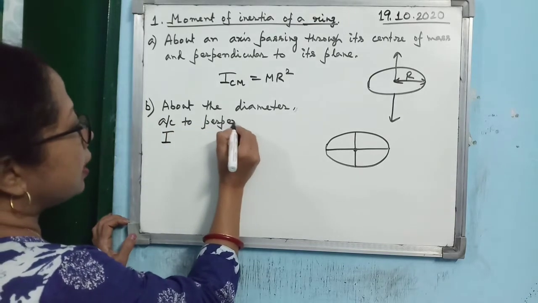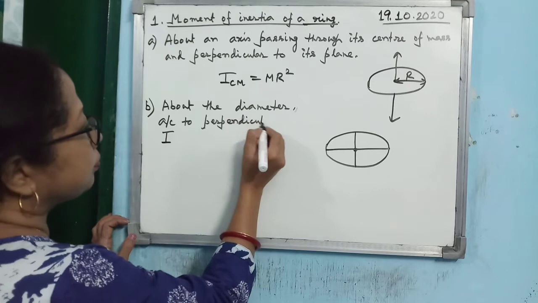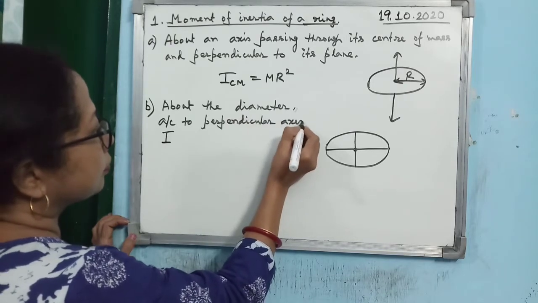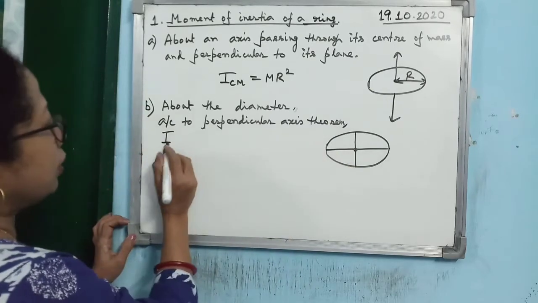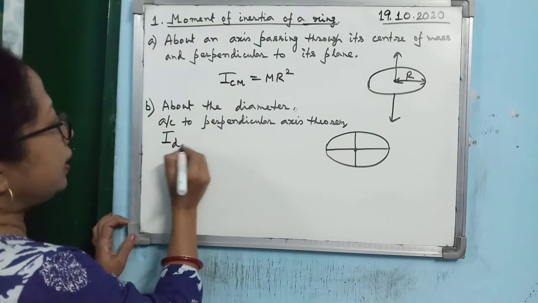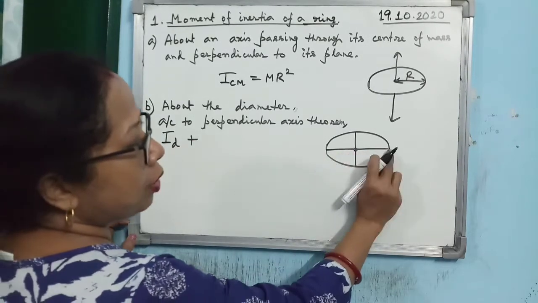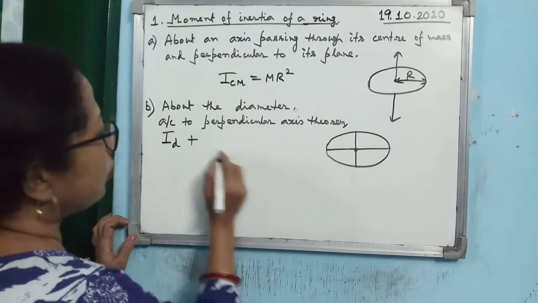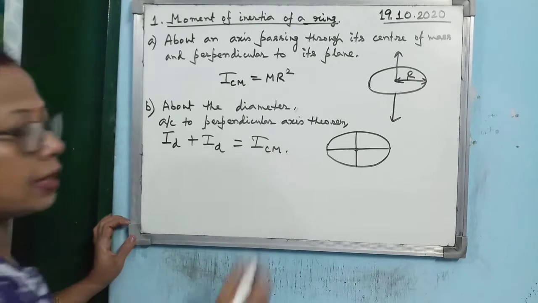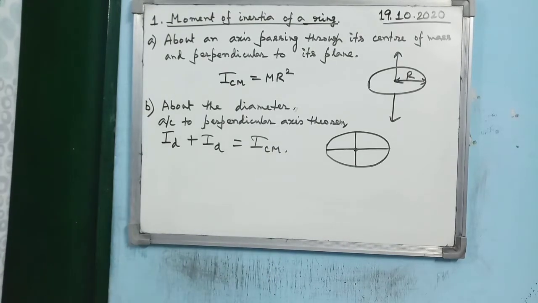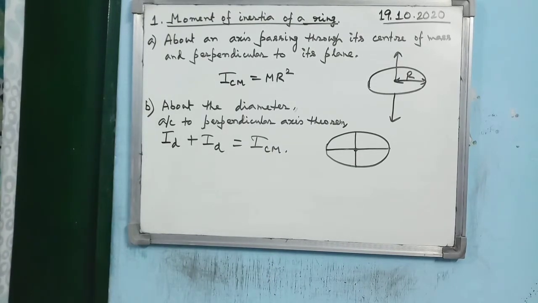According to the perpendicular axis theorem, you can write ID, meaning moment of inertia about one of the diameters, plus moment of inertia about the other diameter is equal to ICM. Is that clear? Now, what is the value of ICM?